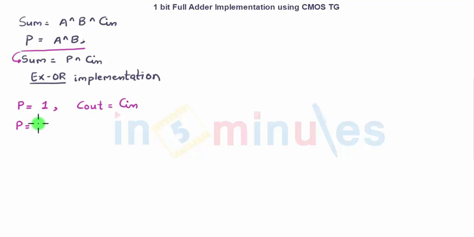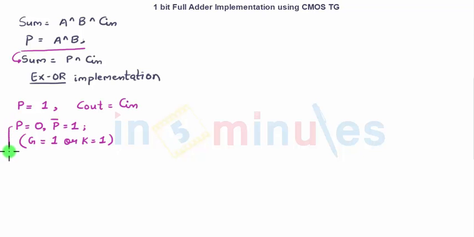If propagate is 0, that means propagate bar is 1. That also means that my generate could be high or my K could be high, that is, generate signal or K is kill signal. Both cannot be high because all three of them are mutually exclusive.